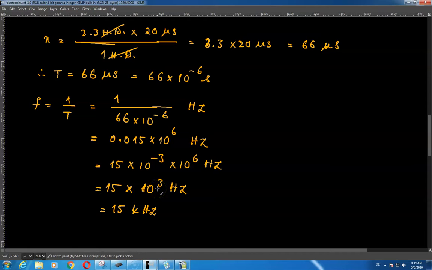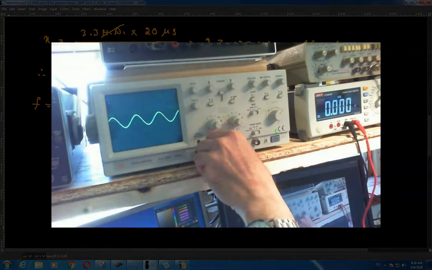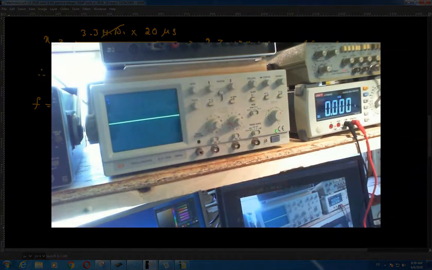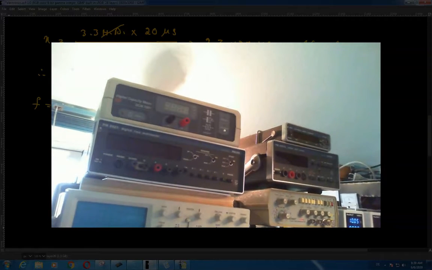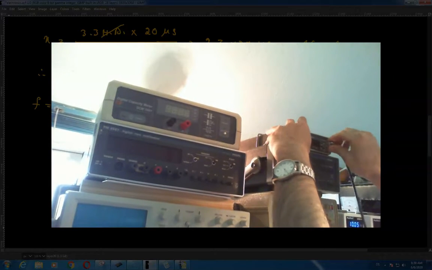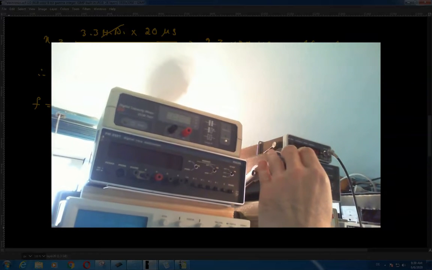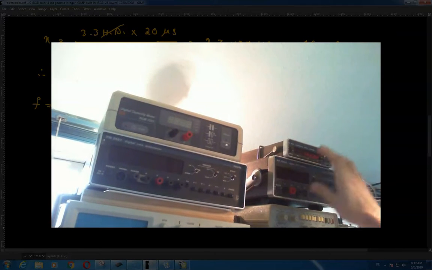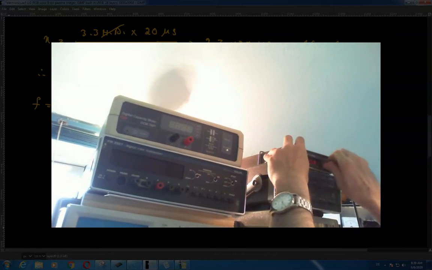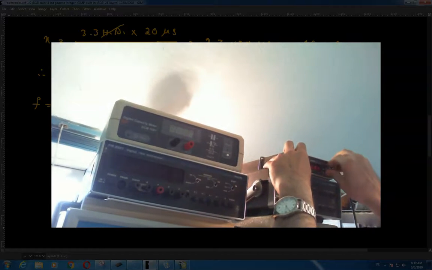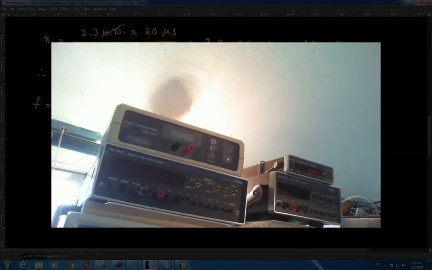The reading that we had on the frequency counter was exactly 14.5 kilohertz, and in the calculation we got 15 kilohertz, right?